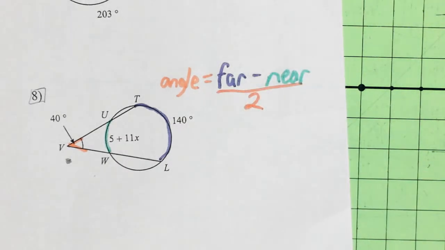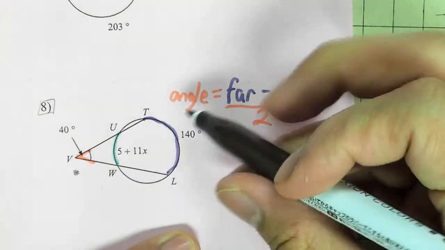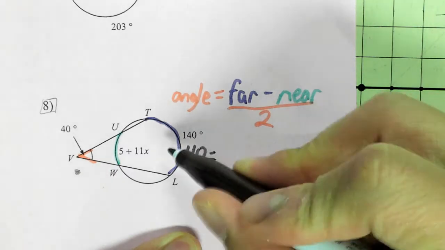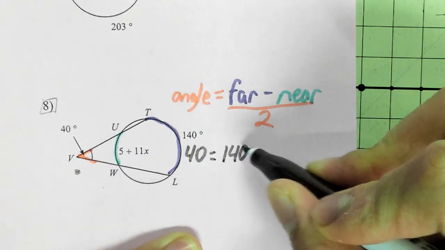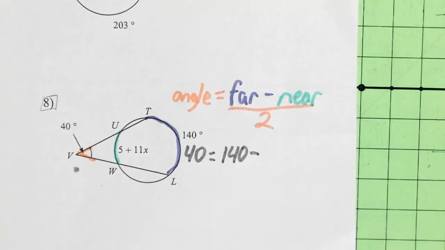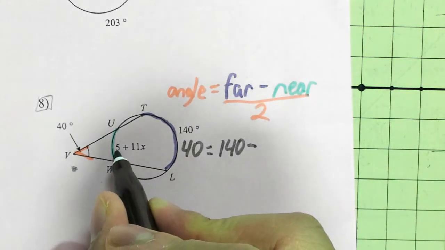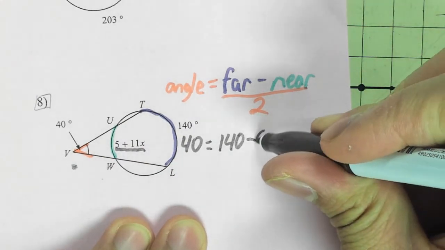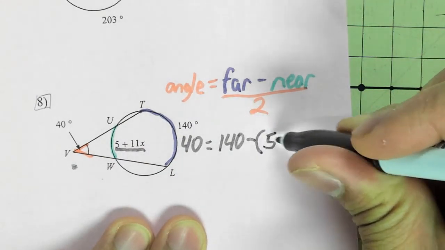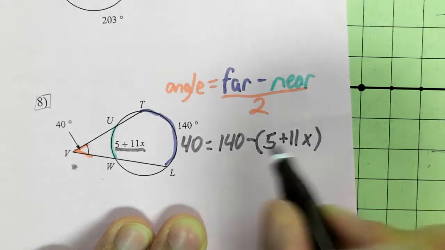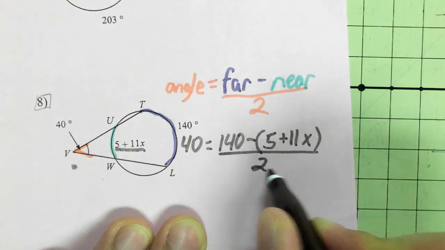So let's plug in our information in this formula. My angle is 40 equals far arc of 140 minus near arc. This entire 5x plus 11 is my near arc. Because it's a whole thing, I need to put that inside parentheses. 5x plus 11 go together. Divided by 2.